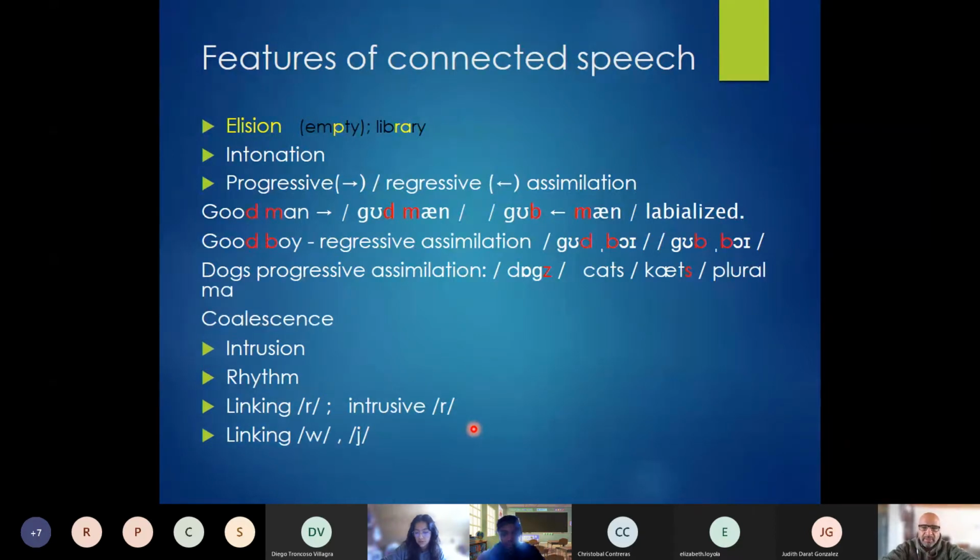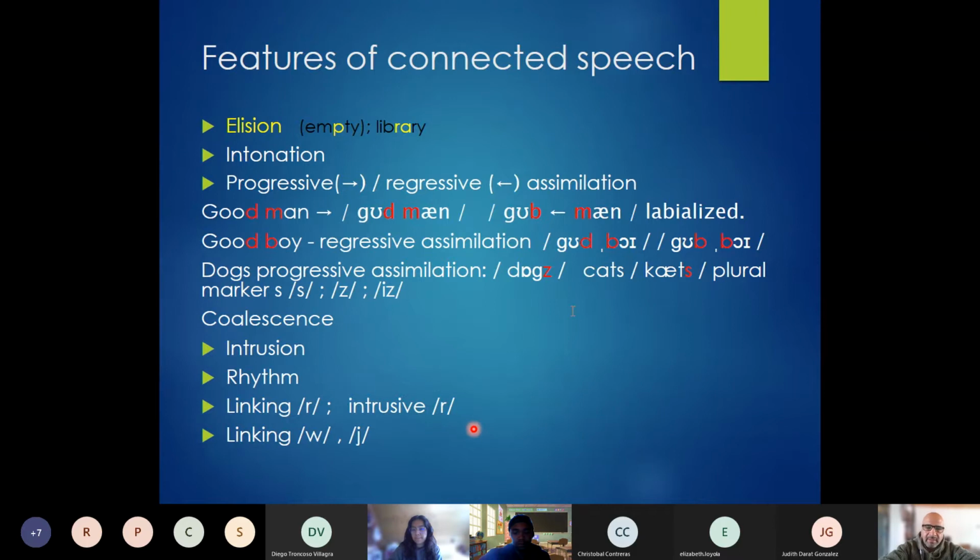We have a plural marker, which is the letter S that sounds S. But sometimes it may sound Z. We may even sound an extra syllable, like when we say horses, right? Horses, which may also be with a schwa, not necessarily with an e.